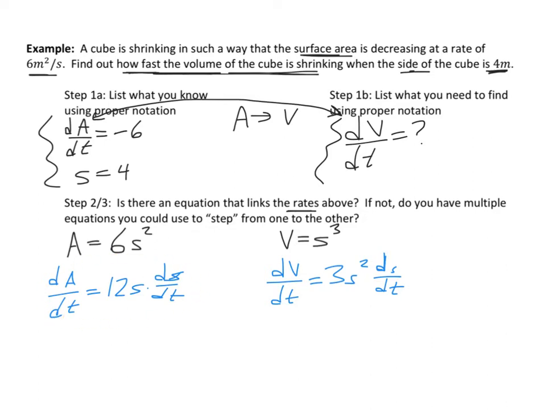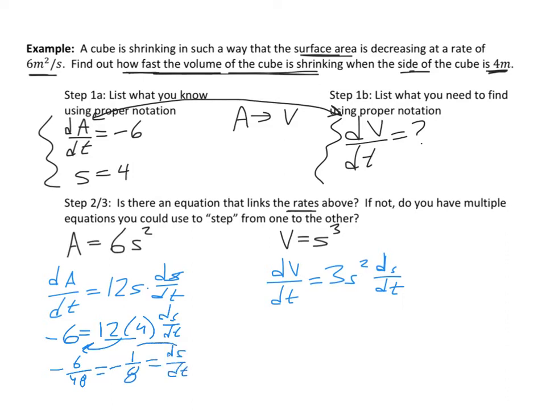Okay, so I'm going to plug these values in over here. We knew that dA/dt was -6. So -6 equals 12 times 4 times ds/dt. If I divide the 48 over, I'm going to get -6 over 48. That's -1/8. That's what ds/dt is.